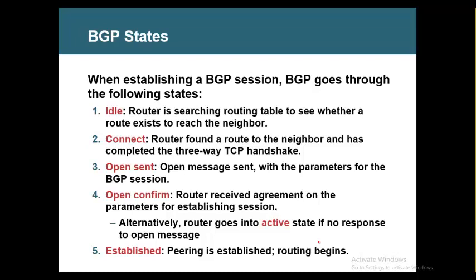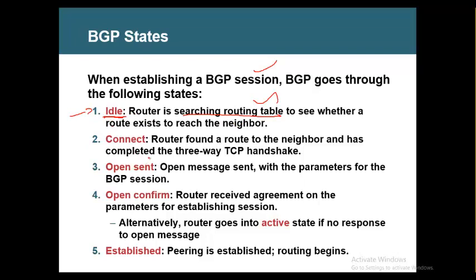These are BGP states. When establishing a BGP session, BGP goes through the following states. Idle state, I showed you yesterday. When there is no route in the routing table, it will be searching for the route. That is the time it will show you idle.